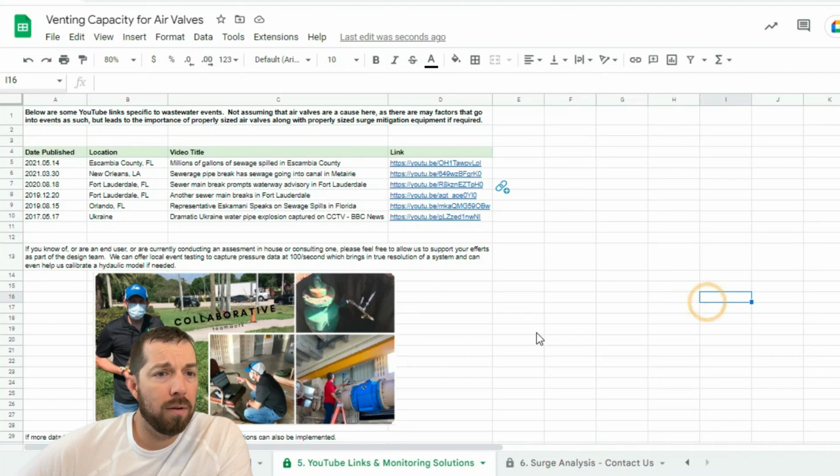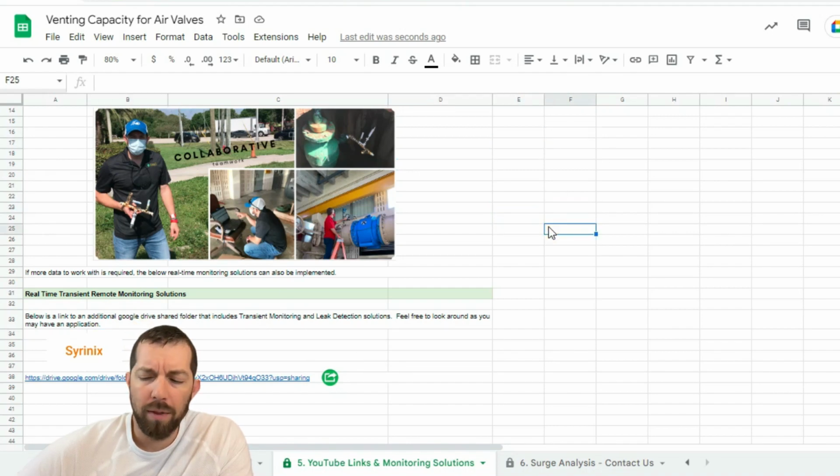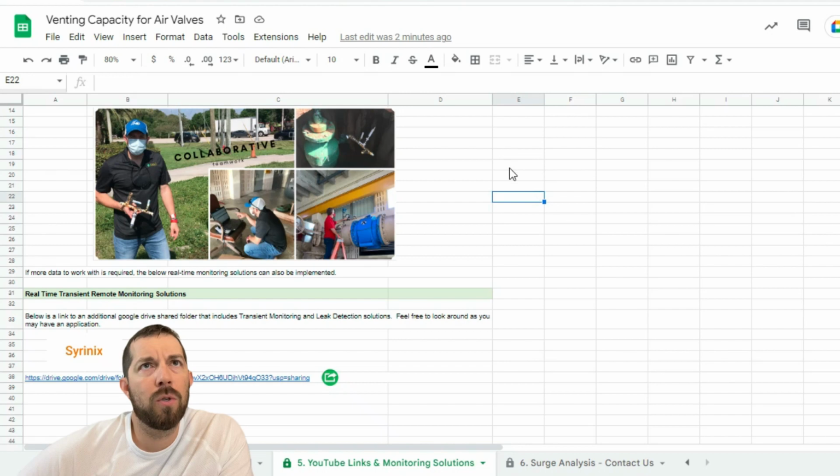And then what are we looking at here? We've got some links, some monitoring solutions. These are just some interesting articles that I have within here. Another thing to consider is transient monitoring of systems, whether it's potable water or force main systems. This data can be utilized to help diagnose and see what may be happening in the systems themselves.